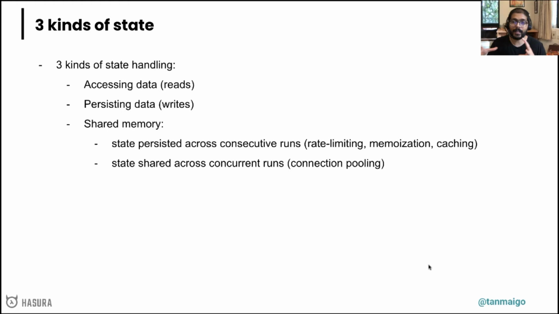You can have a connection pool of 10, and then you can multiplex these 100 concurrent executions, picking up a connection from the pool. Well, it's not truly concurrent in that sense. It's kind of fake concurrency, but you keep that request waiting till you're able to get a connection from the connection pool. But this connection pool, this resource, is maintained in shared memory. So that's another example of needing shared memory.